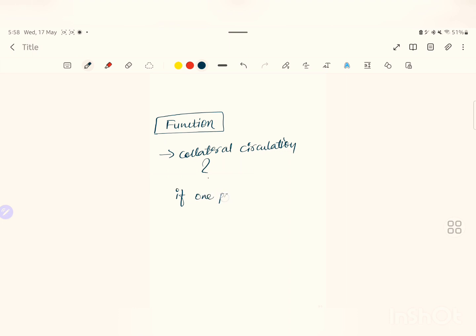So if one part of the artery or any of the arterial branches supplying the brain is blocked or stenosed, the anastomotic channels that are present between the two ACA and PCA to ACA will divert the flow and supply the blocked pathway through these channels. You will understand it better on the diagram itself. So let's see the diagram and understand the pathway.